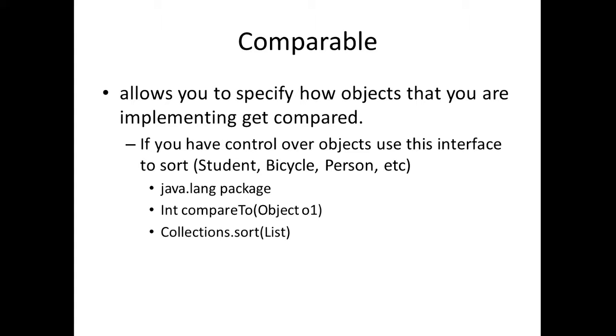Another thing about the Comparable interface that differs from the Comparator interface is that it is part of the java.lang package. It also consists of a method called compareTo. As you can see, this method only takes in one parameter, this object parameter.